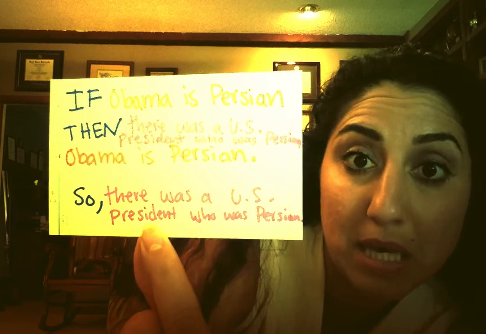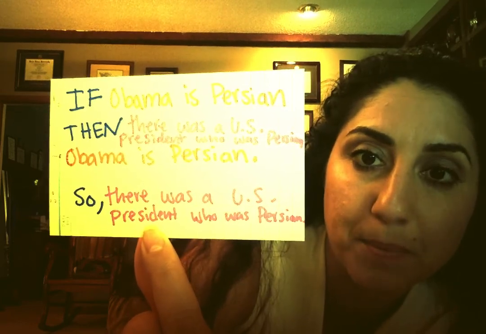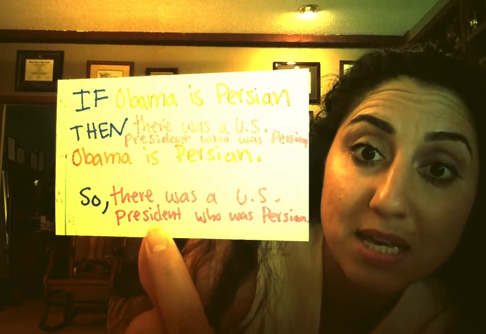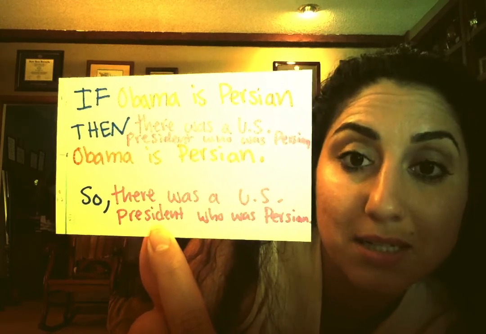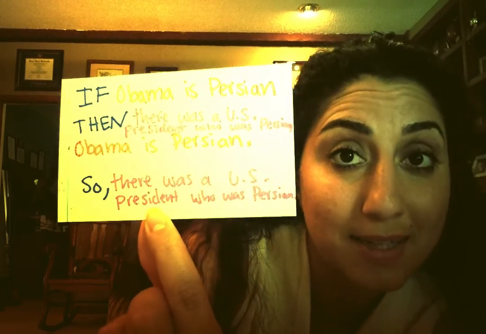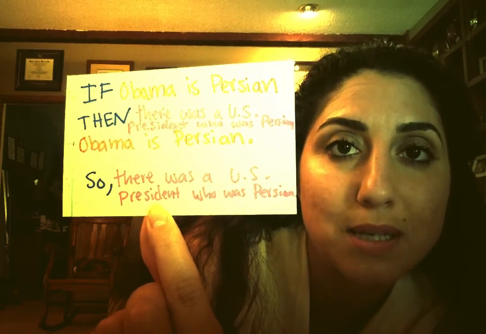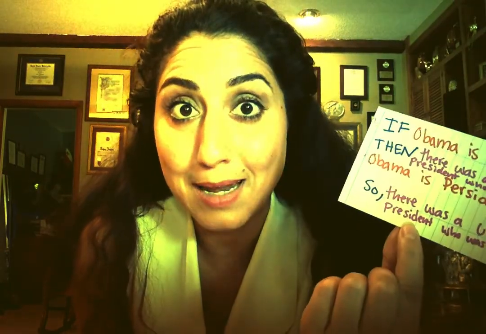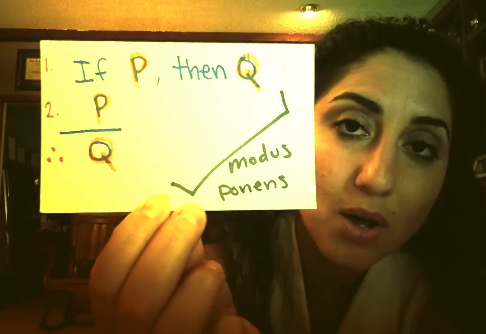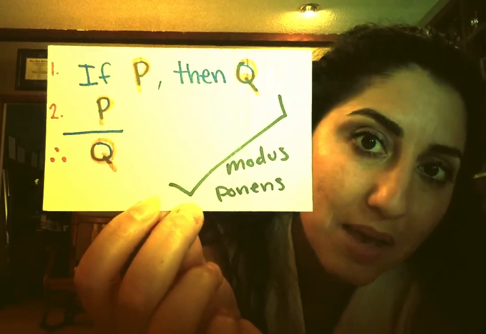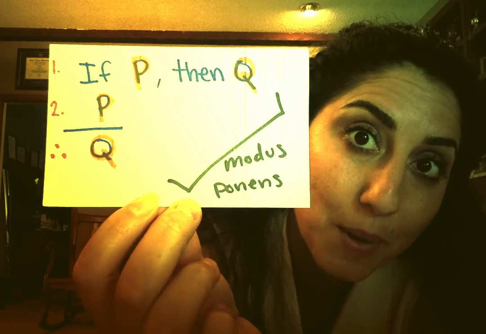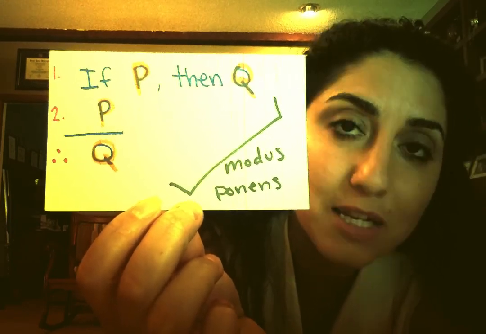If P, then Q. Premise 2 is P. The conclusion is Q. This valid argument follows the form called modus ponens. You can plug any information, like Obama being Persian, anything, into modus ponens, so long as you do it correctly. If P, then Q. Premise 2 would be P, and the conclusion is Q.